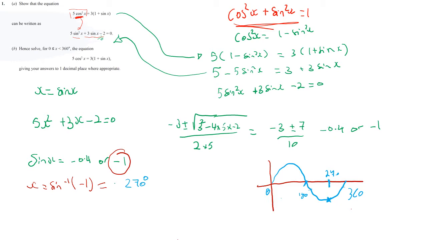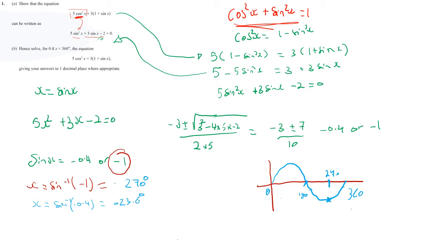And the part where it's negative 0.4 is around this part and this part. Okay, but I will use a calculator for that. It will give us negative 23.6 degrees.